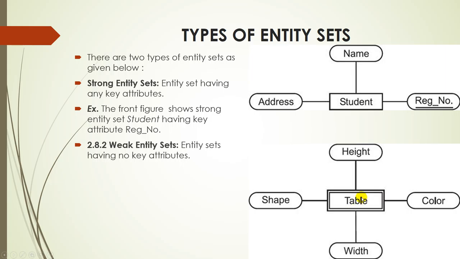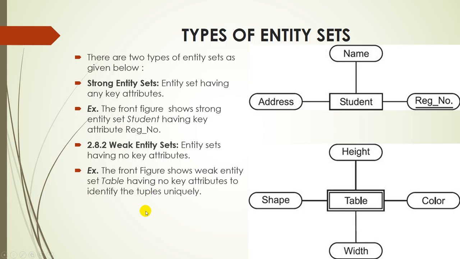An entity named table has four attributes: shape, height, color, and width, but none of which is a key or unique. So we say this entity set is a weak entity set.